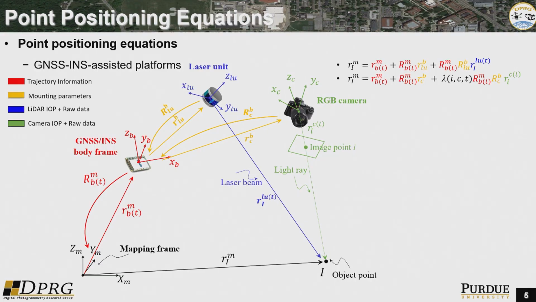The first one, which you see in red, is the trajectory of the platform, the position and the orientation of the sensor as it moves while collecting the data. The second part, in orange, is the mounting parameters: the position and the orientation relative to the GPS INS unit, since your sensors are physically separated from it. And then the measurements from the different sensors, which you see in the blue and the green.